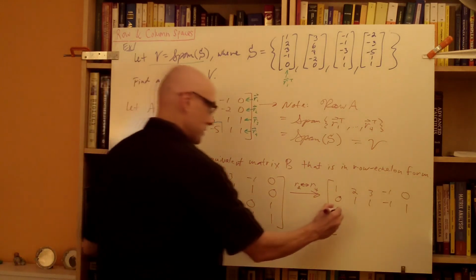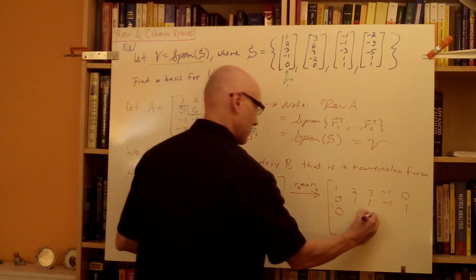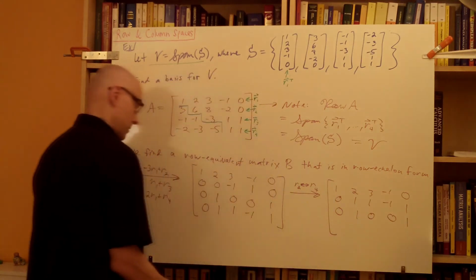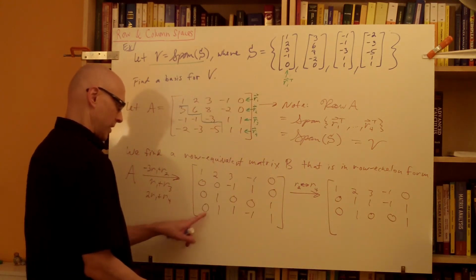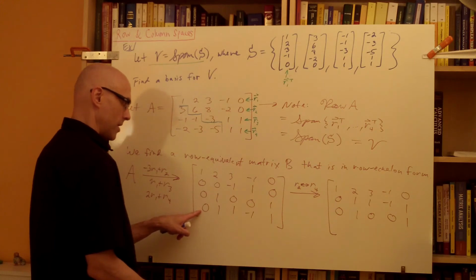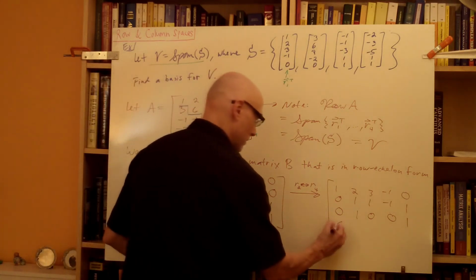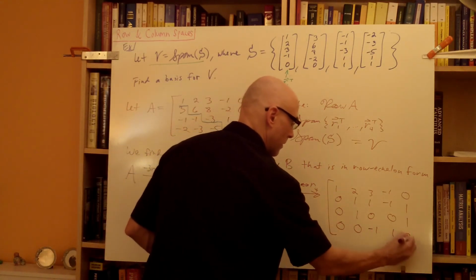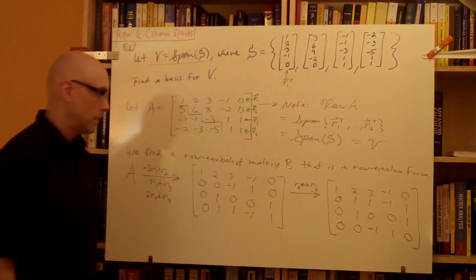Third row stays where it is. And then the second row is down here at the bottom: 0, 0, -1, 1, 0. Beautiful.